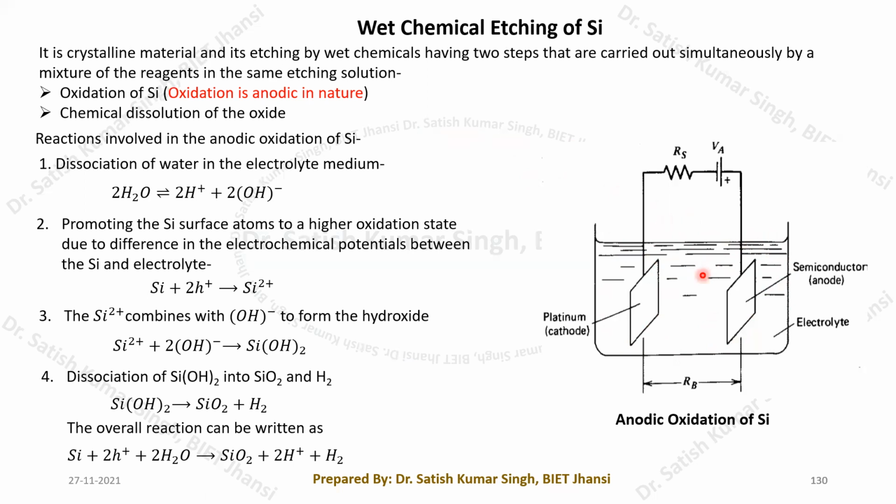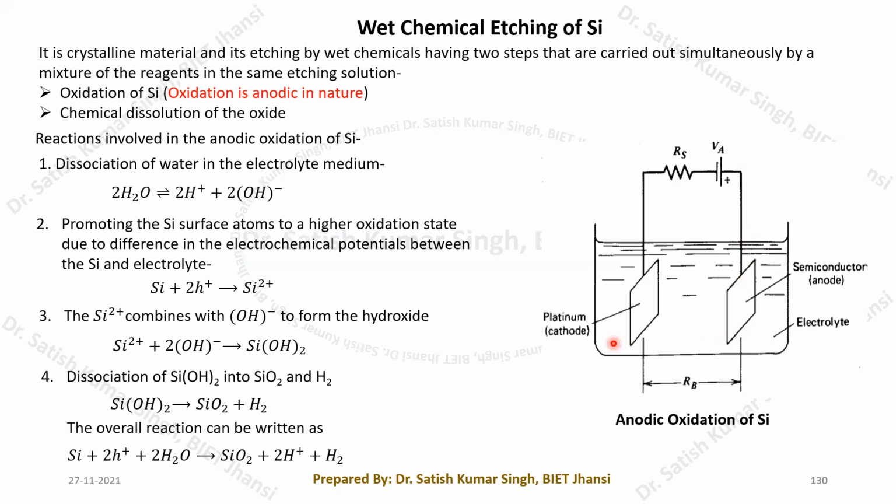Then one electrode will be made up of the semiconductor itself, the wafer that we want to oxidize or chemically etch out. That semiconductor wafer is used as the anode, and it will be connected to the positive side of the battery.